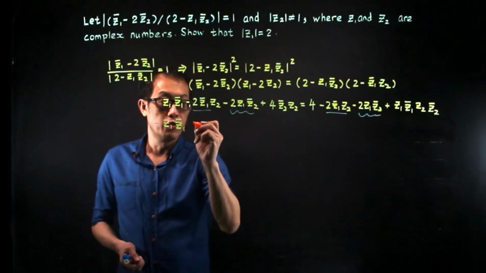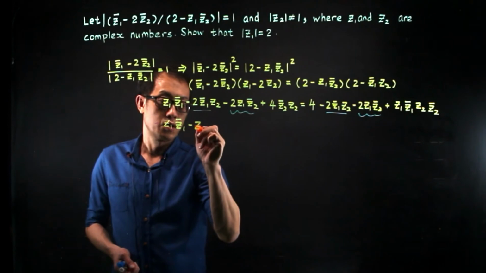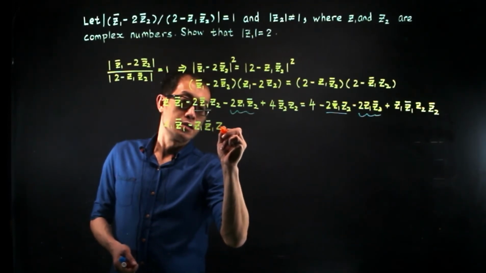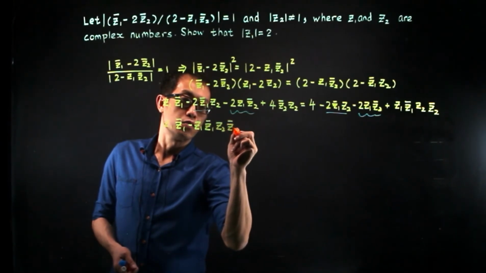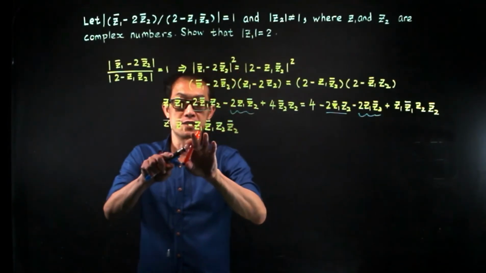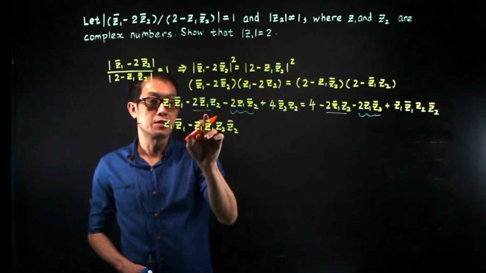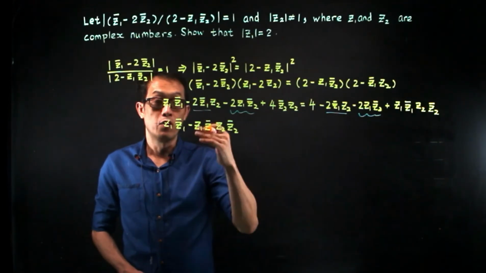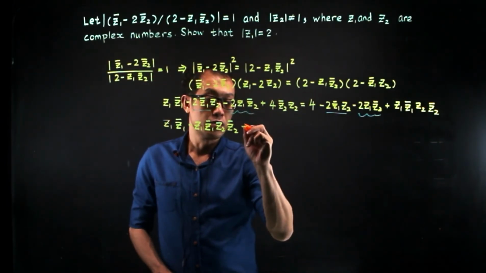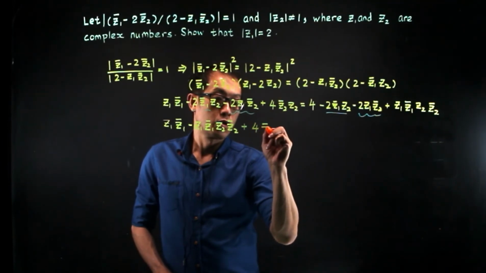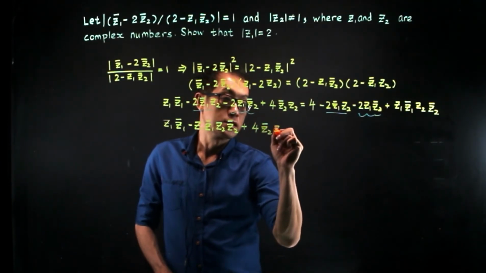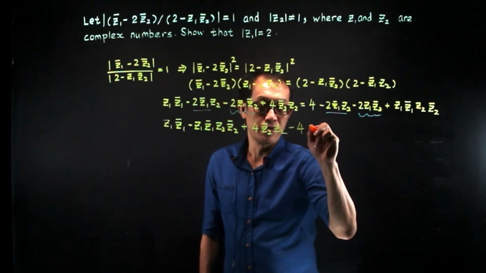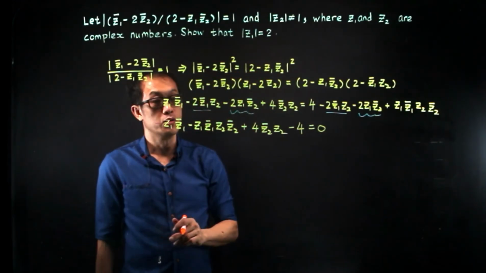Now I bring this term over, minus z1 conjugate z1, z2 conjugate z2. Why do I bring this over? Because I can see these two terms are the same, z1 and conjugate z1, so maybe I can factorize them out later, and hopefully we can arrive at something. Then you have plus 4 conjugate z2 and z2, and this 4 I bring over, so I will have minus 4, then it equals 0.